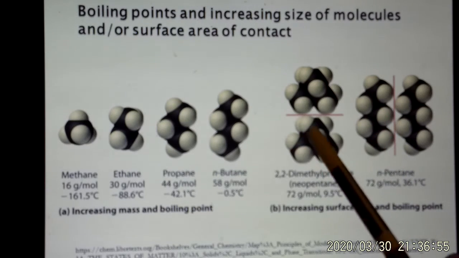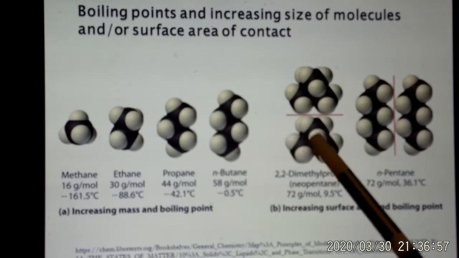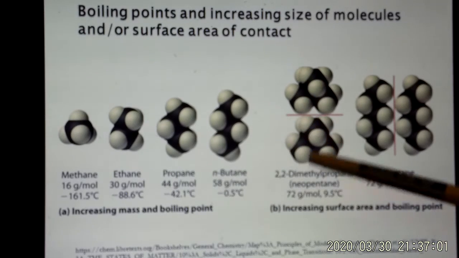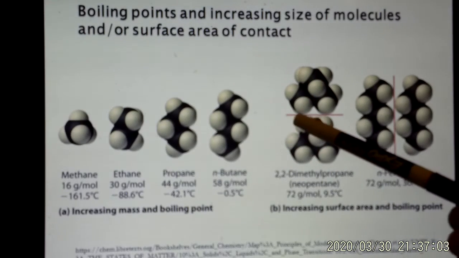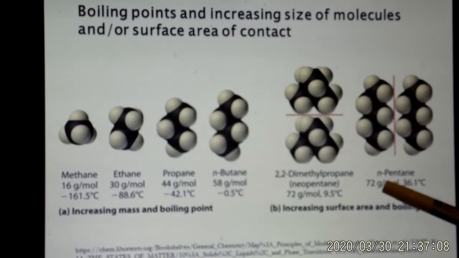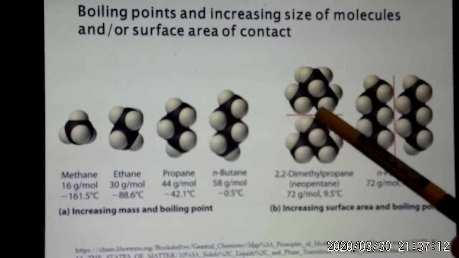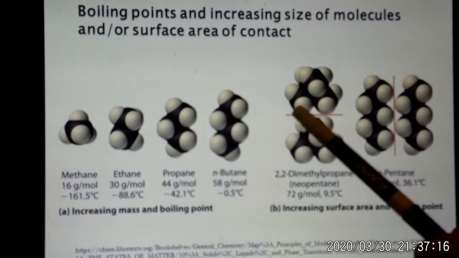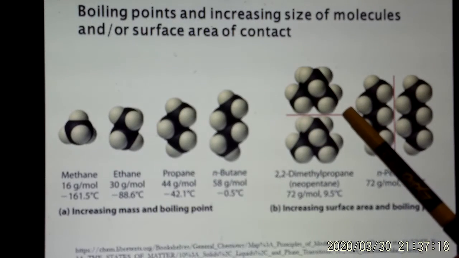And you can see this is almost like a little sphere. It's a little beach ball. And so when I have these two interacting, there's not a lot of point of contact. So you can see that even though I have the same molar mass, this one, the neopentane, has a boiling point of 9.5 degrees Celsius because they don't have a lot of surface area.